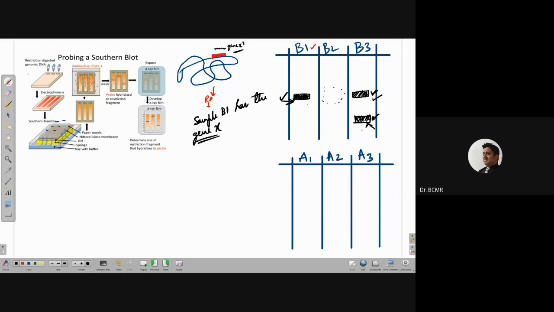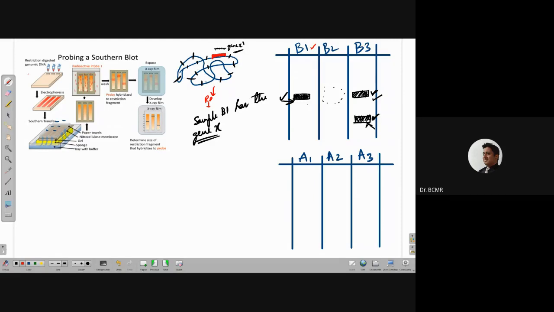In Southern blotting, we are doing restriction digestion, right? I hope you're able to visualize that. So when you cut it with restriction digestion, say I'm trying to draw for the sample B3.